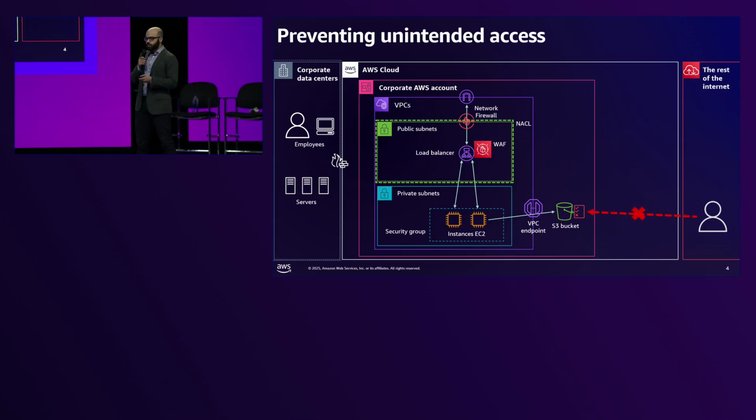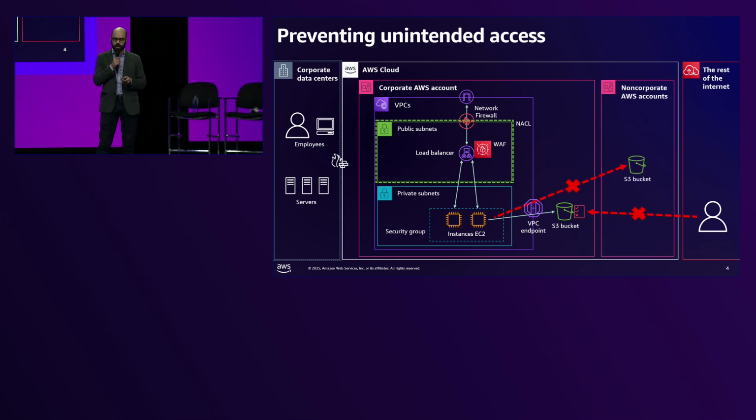So if we go back to the objective of preventing unintended access to your data, you would typically like to help ensure that, for example, the data residing on your Amazon S3 bucket cannot be accessed by an external identity that you don't trust and that doesn't belong to your organization. Similarly, you would also want to make sure that one of your identities cannot disclose data to an external bucket that is not owned by your organization.